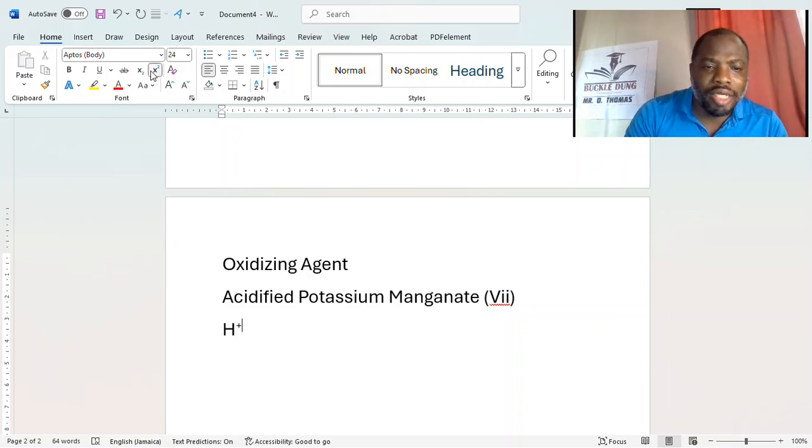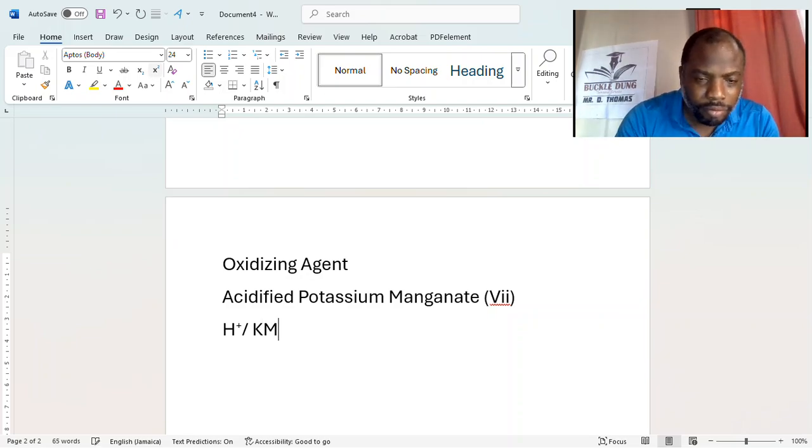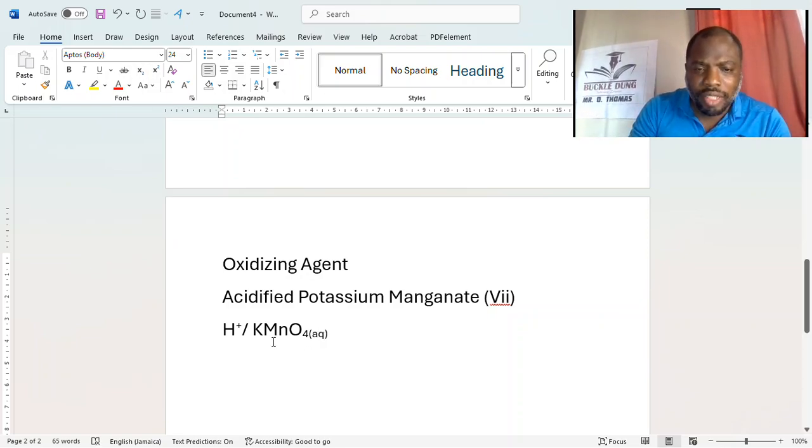Now, what did we say that happens to an oxidizing agent? Reduces. Go again. Reduces. So it reduces. Beautiful. So this is it. And we're really focusing on this.